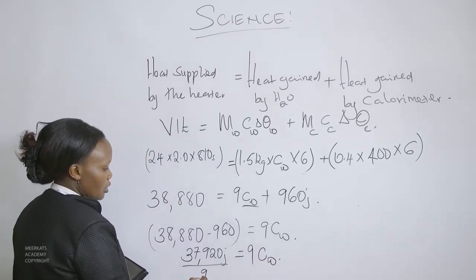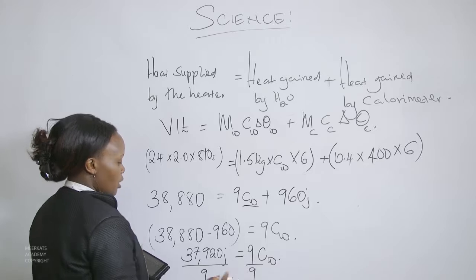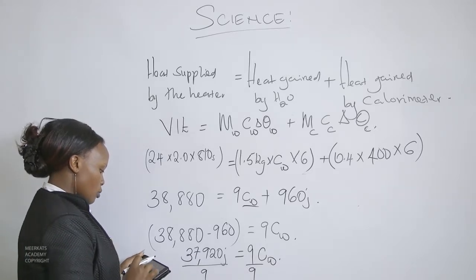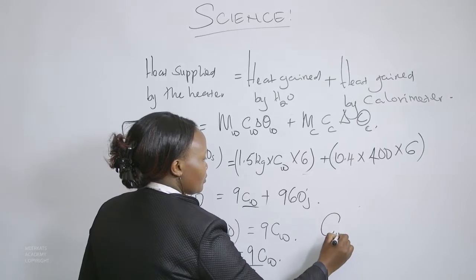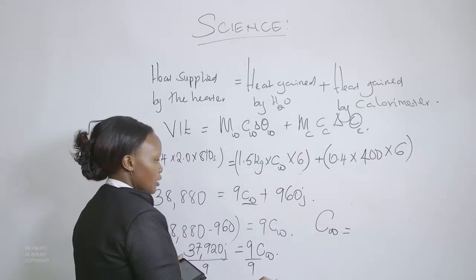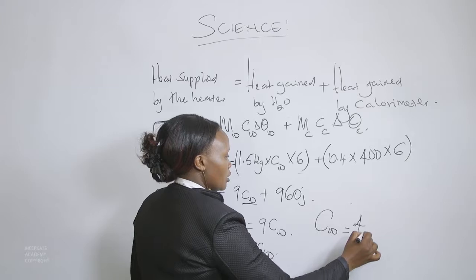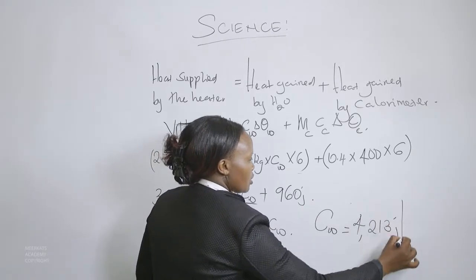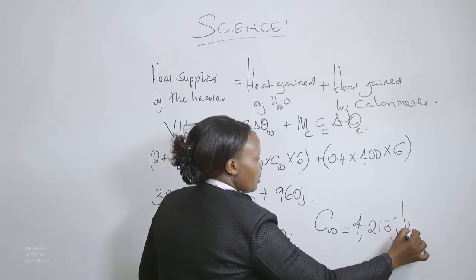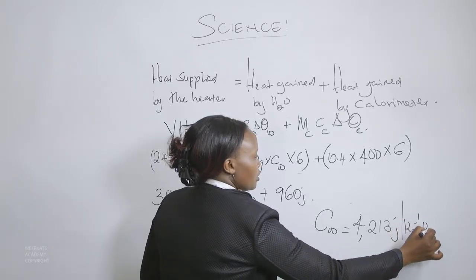Now we can divide throughout by 9 so that we obtain our specific heat capacity as 4,213 joules per kilogram Kelvin.